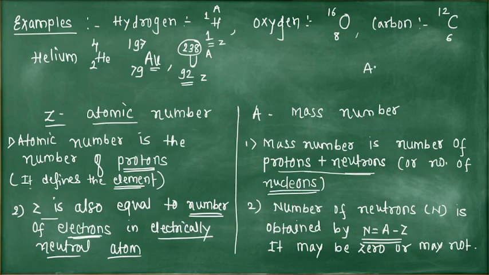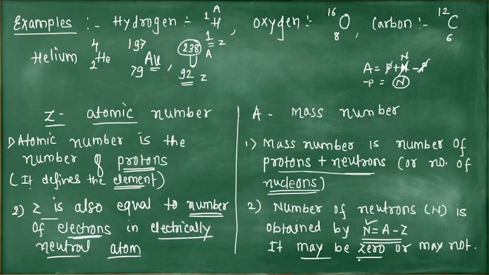Because A is equal to protons plus neutrons, and if you subtract the protons, P minus P gets cancelled and the remaining part is only N. N indicates neutrons. You can write small n also or capital N, but this is the formula. Subtract Z from A, then you will get the number of neutrons.